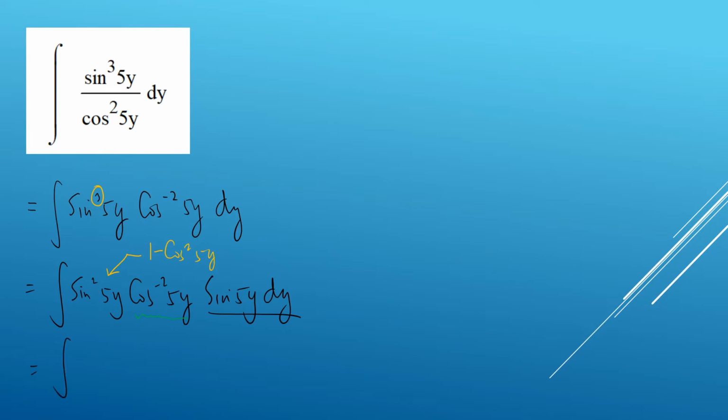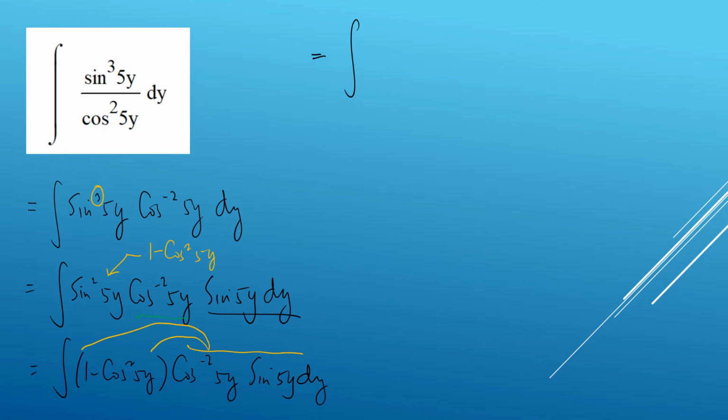So sine squared 5y is 1 minus cosine squared 5y, times cosine to the negative 2 5y, sine of 5y dy, which is equal to the integral of, we shall distribute this to 1 and cosine squared.